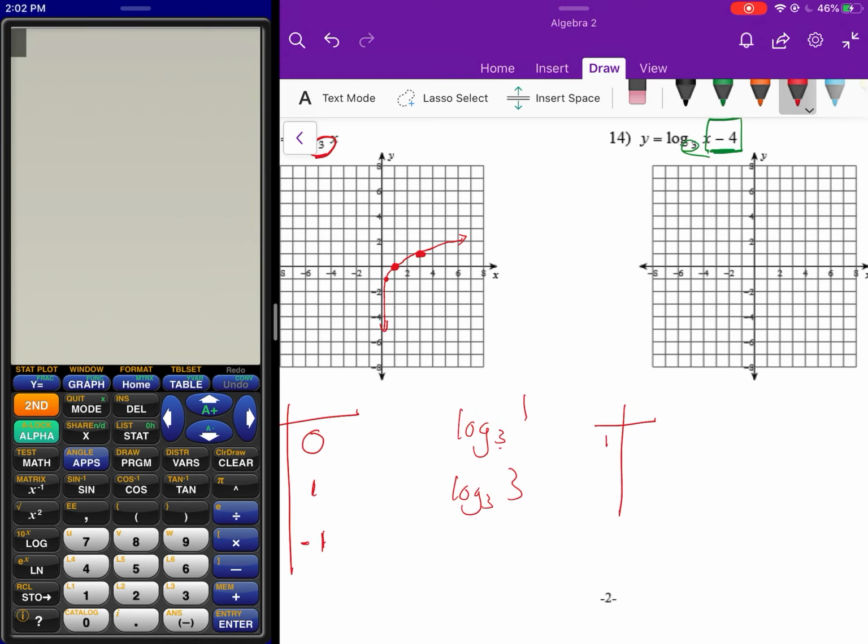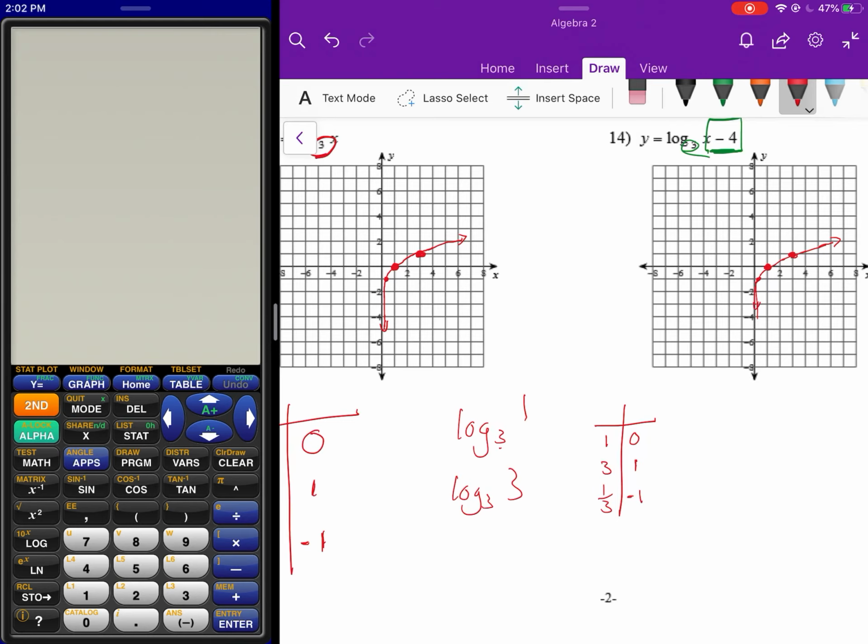We put in 1, the base, which is 3, and the reciprocal of the base, 1/3. When you put in 1, you'll get 0 for the parent function. When you put in 3, you get 1. And when you put in 1/3, you get -1. So in red, I'm going to put our parent function: (1, 0), (3, 1), and (1/3, -1). That's the parent function.